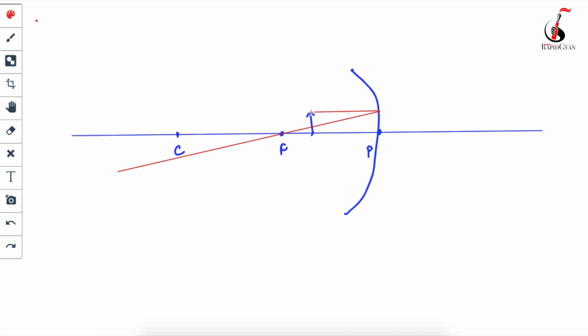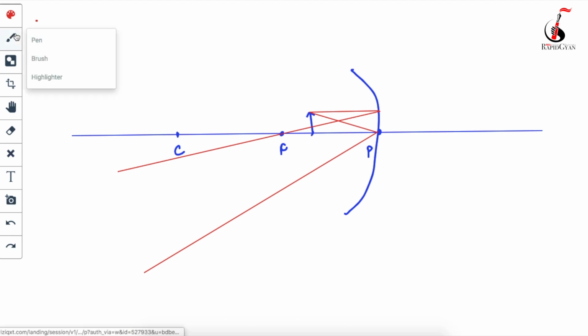Next ray you can send it like this. What will happen after reflection? It will go like this, correct? So what you are seeing on the left hand side. Now here I will say your position of the object is between F and P. That's fine. What will be the position of the image? Because I am seeing on the left hand side these two lines are never going to cut.